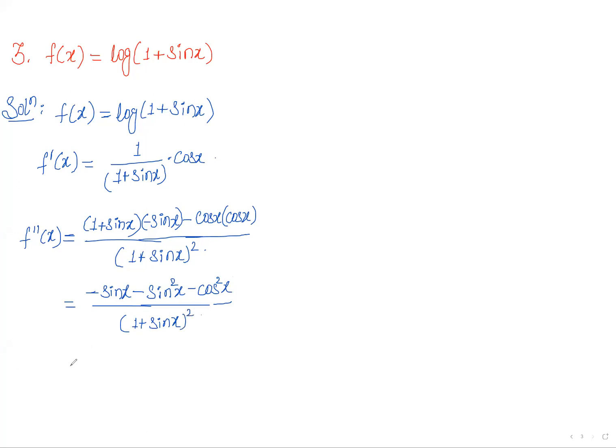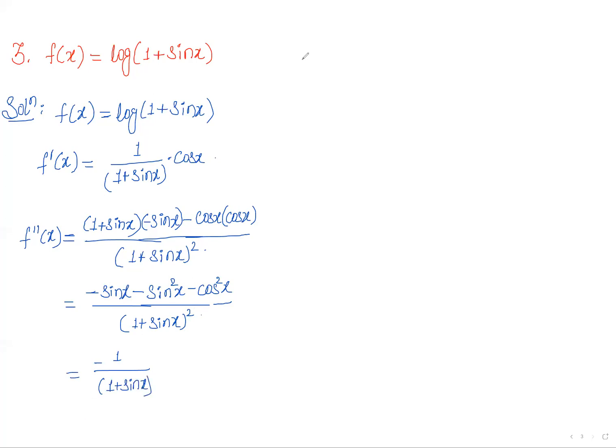Then by taking minus sign common, it will be minus, sin square plus cos square, that is 1, plus sin x into 1. 1 plus sin x cancels. So minus 1 upon 1 plus sin x.